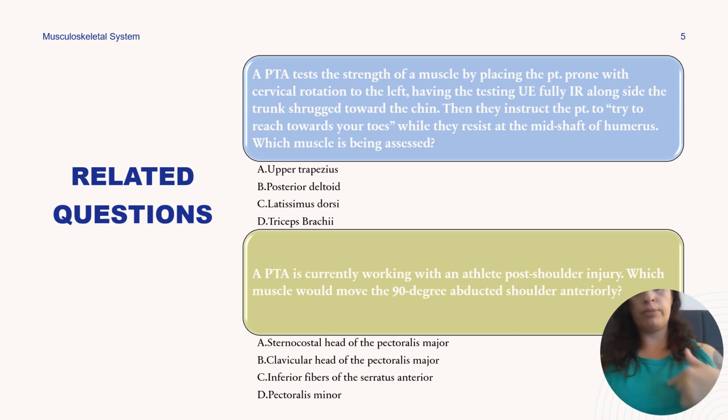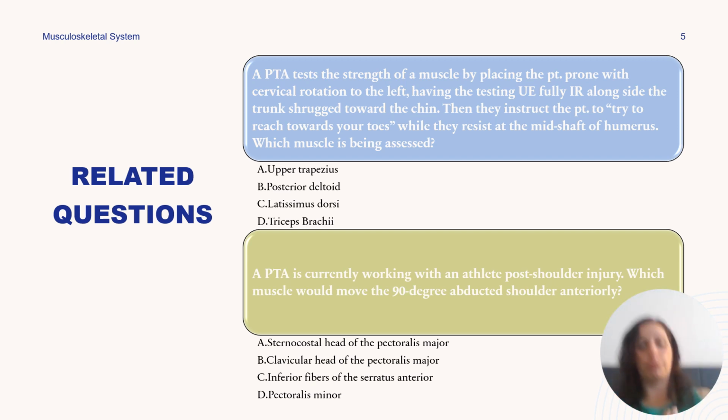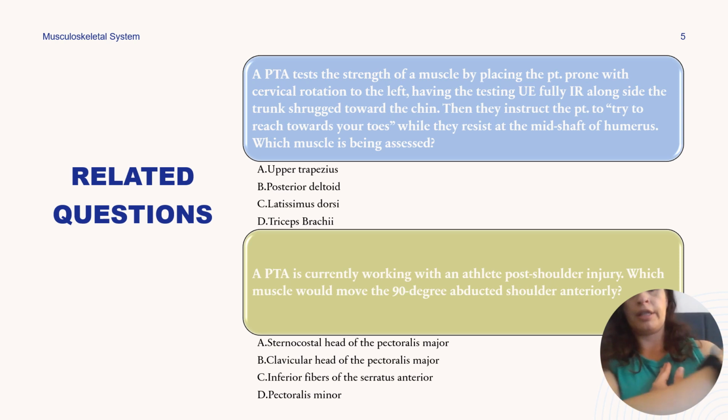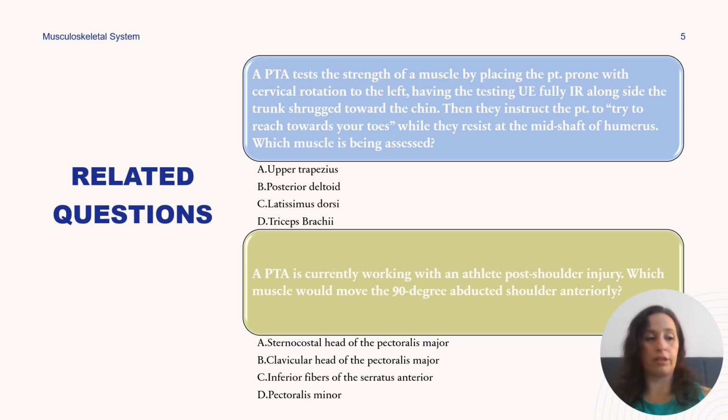Sternocostal, meaning ribs and sternum right here, this part of the pec, is not the part that's attached to the humerus. It's all the way midline. The part that's attached to the humerus is the part that goes out over here, which is going to be that B, the clavicular, because the clavicle goes all the way out to the side. So that makes a lot more sense. So the answer there is B, with that insertion that is attached to the actual humerus.